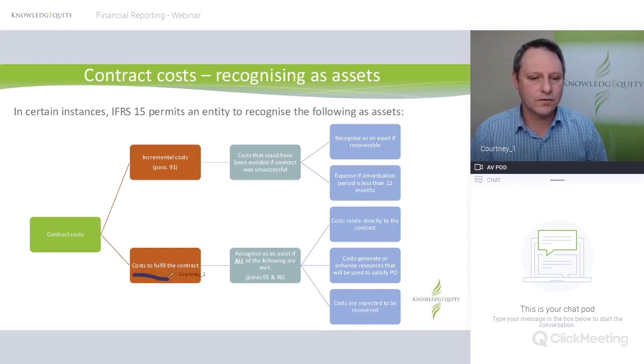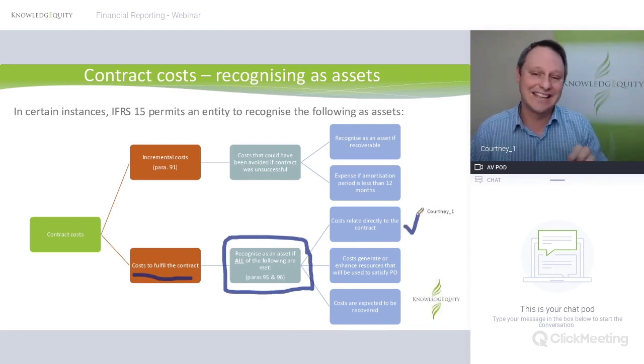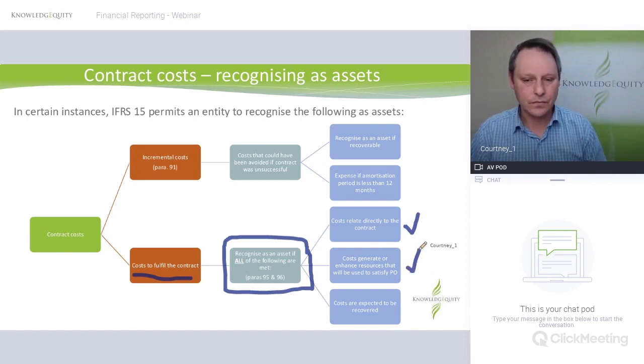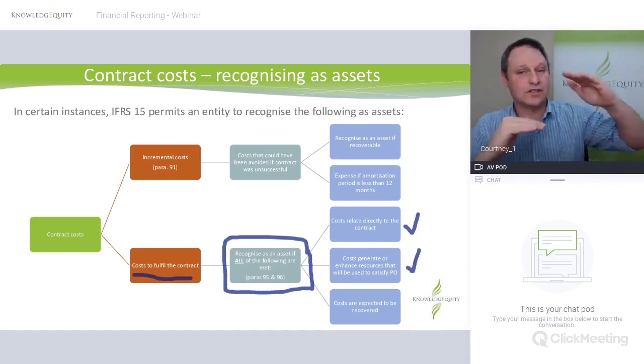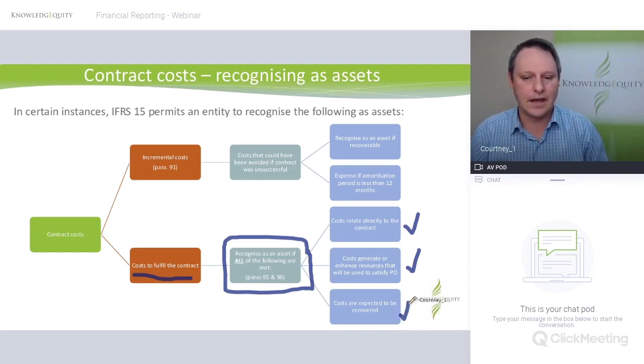What if it is a cost to fulfill the contract? Then we can recognize it as an asset, but only if we satisfy each of them. Does it relate directly to the contract? Do the costs generate or enhance resources to satisfy the performance obligation? And are costs expected to be recovered?